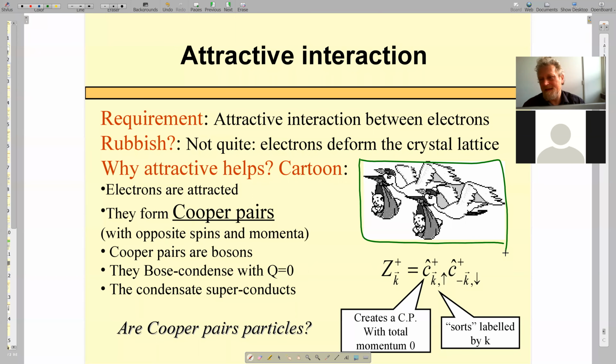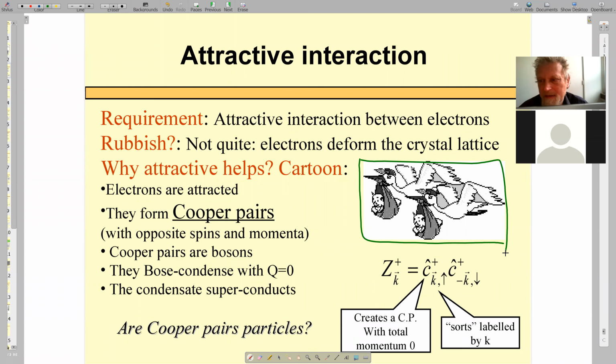In fact, some metals become superconductors, some do not. And the distinction between these two groups of metals is whether electrons effectively attract or repel each other. One could say it's rubbish because electrons are charged and therefore they must repel each other.